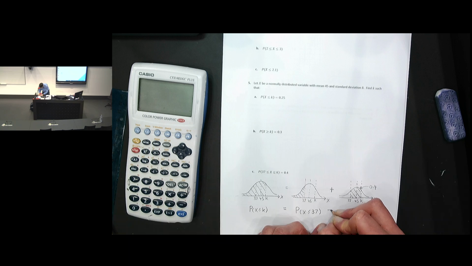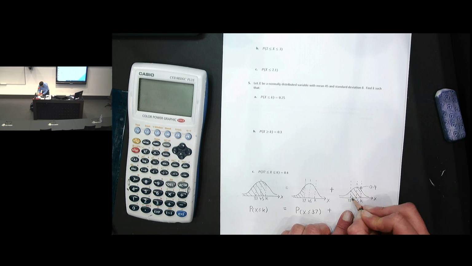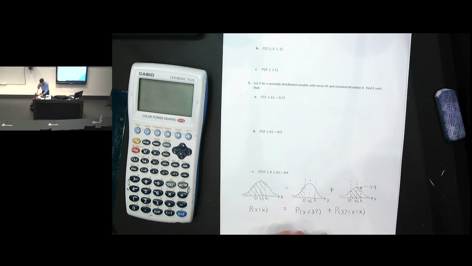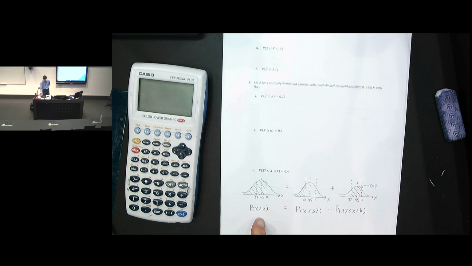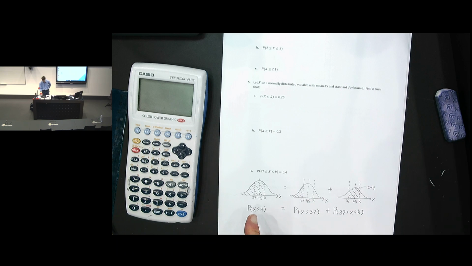And then added onto that, we need this area here, which is just the probability that 37 is less than or equal to x is less than or equal to k. And this is what I want to figure out.